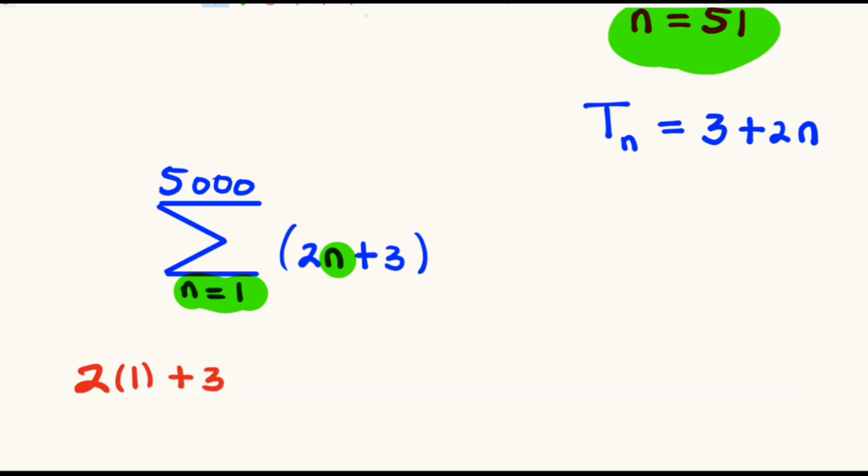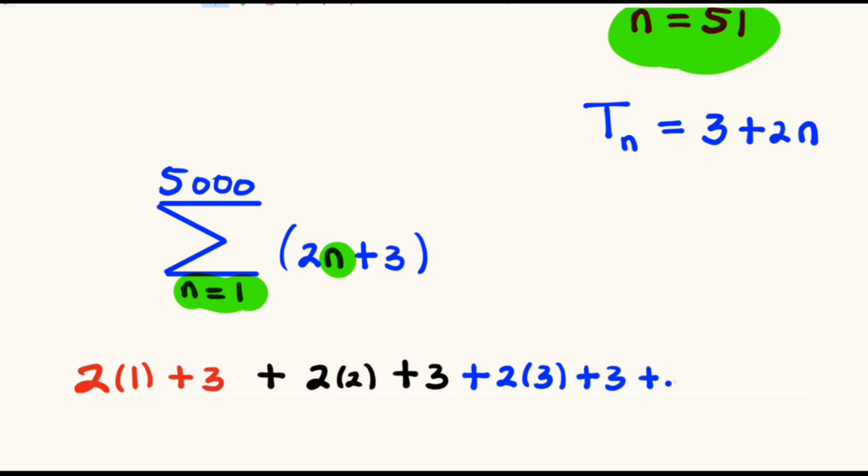And the next term after 1 is 2, so in the place of the n, we now substitute 2. So we have 2 into 2 plus 3. And the next number after 2 is 3, so in the place of the n, we substitute 3. So we have 2 into 3 plus 3.